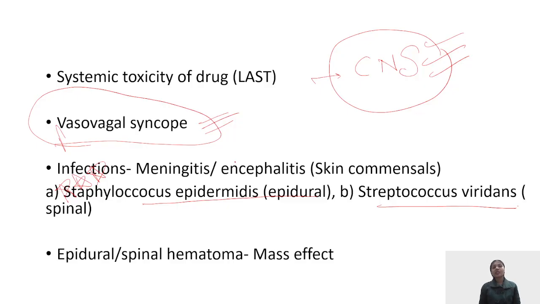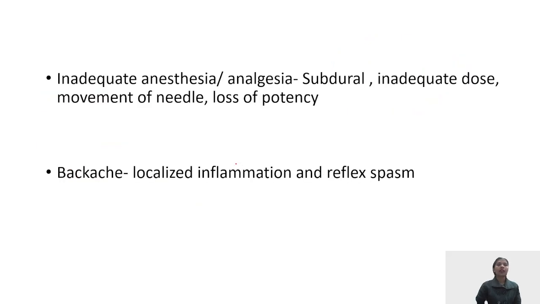Then epidural and spinal hematomas can be formed, specifically in those patients who have platelet dysfunction or coagulopathy, in which you can have a mass effect because of the hematoma, and the hematoma has to be drained after that. This hematoma can lead to nervous ischemia because of that mass effect. Then you can have inadequate or patchy effects.